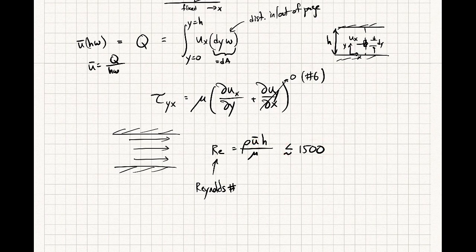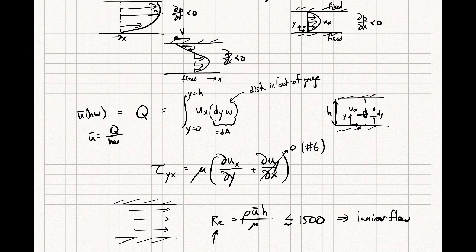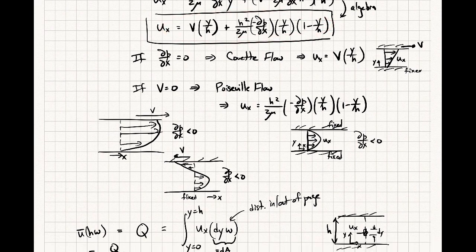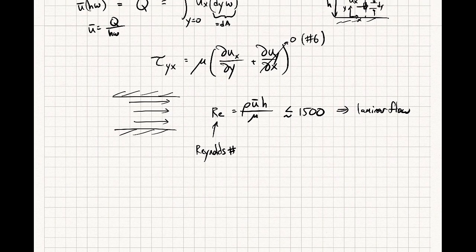If it's less than about 1500, then it's generally a laminar flow, and our solution that we derived up here will very likely work as a good model for you. And it's because the assumption of fully developed flow and u_y equal to 0 is a good one.